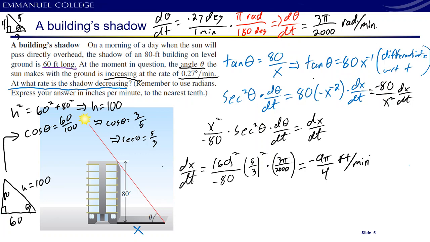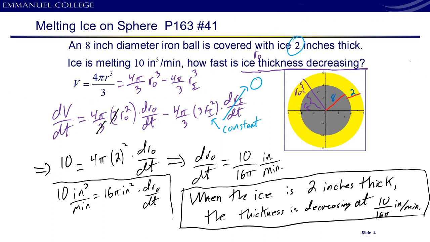So again, it's decreasing, so it makes sense that it's okay to say negative 9 pi over 4. If we go back to this one, knowing the context is important, because you could say, well, why didn't this one come out negative? It's in the way we set it up. We didn't say that the rate of change is increasing, we said it's decreasing.